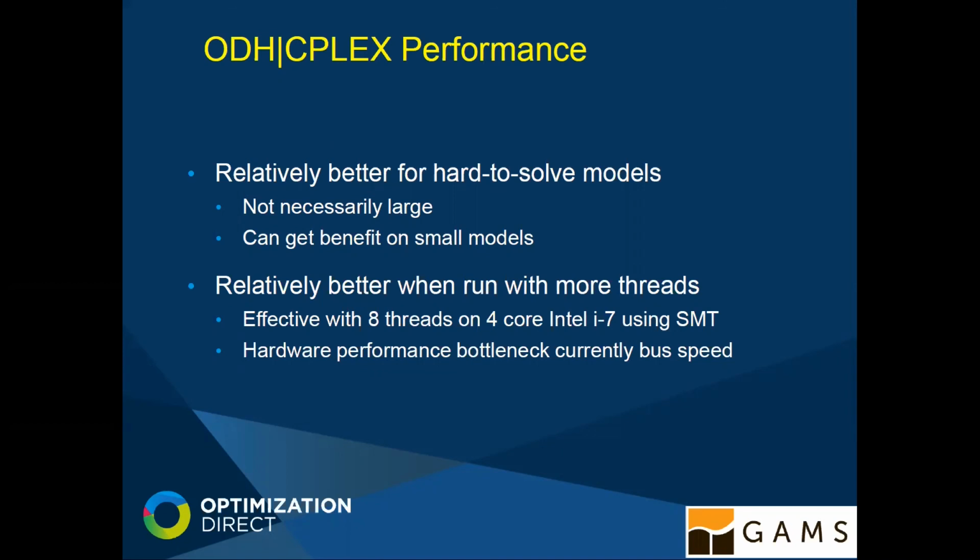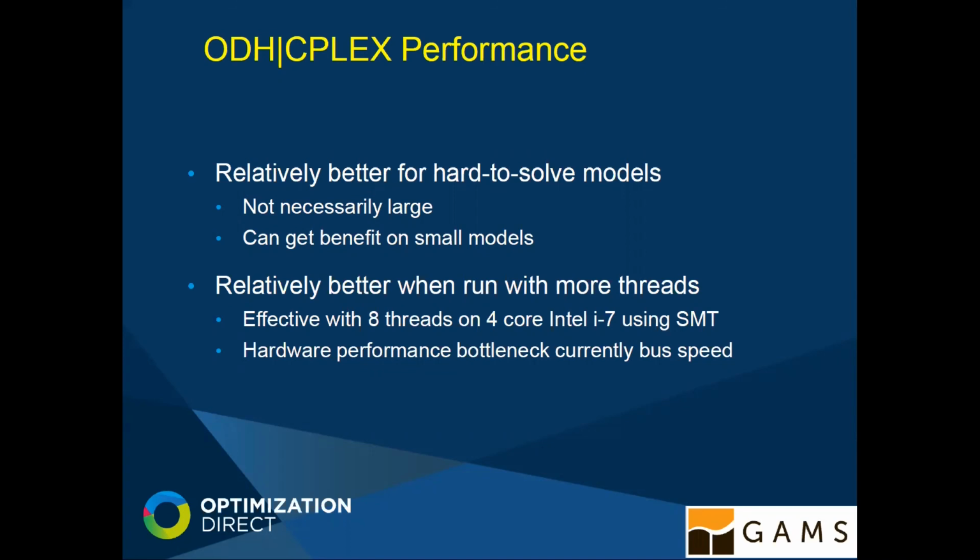In terms of hardware performance, the bottleneck for this and almost any other technology is currently the bus speed. We'd love to use hundreds and hundreds of processors. The problem is they share the same bus. We get hung up on bus contention, and memory accesses really do slow the thing down.